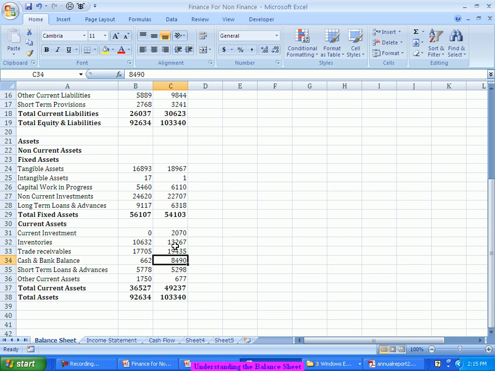Right? You have raised a capital or you have taken a loan, 100 crores. With that 100 crores, 50 crores you have bought a machine, another 50 crores you have invested in some other company. Right?